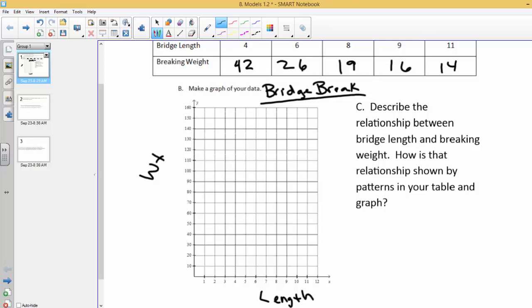I should go look at that. Okay, so we're going to plot that. Over 4, up 42, put a dot, or you're plotting your data. So I'm plotting my 6 point, my 8 point, my 9 point, and my 11 point.